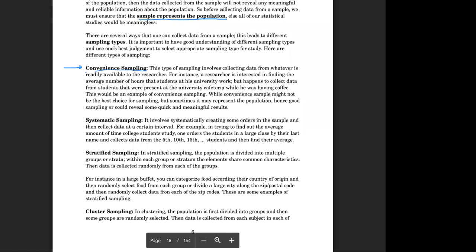And systematic sampling: you create some sort of order or system so that you can organize the items concerned in a certain way, and then you select data at a certain interval.